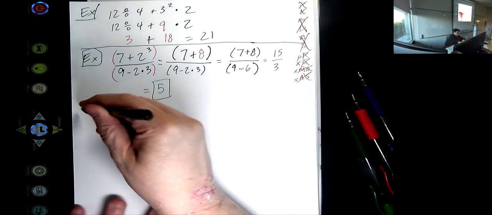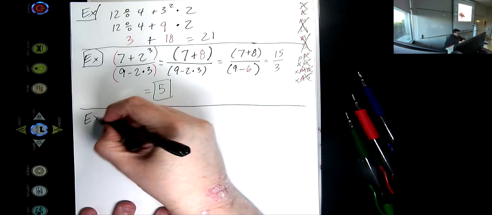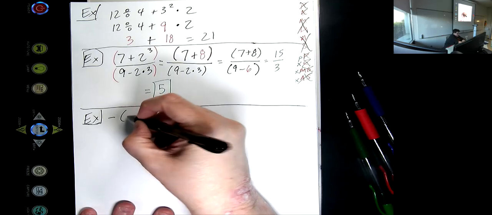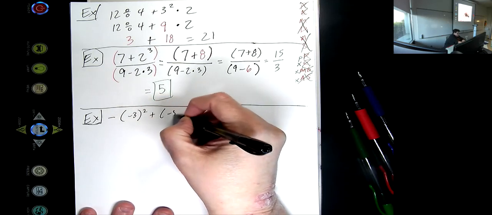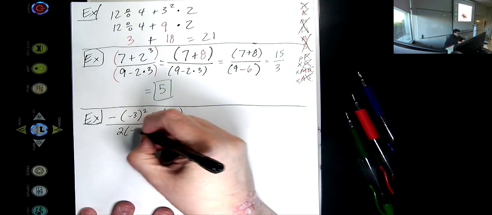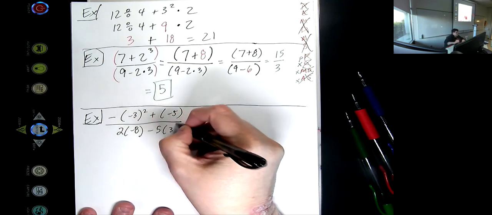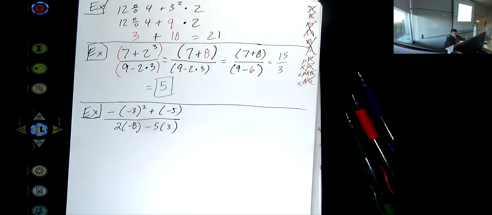One more, just for the fun of it, where we're going to have a lot of negative signs. Because I think it's important to talk about negative signs. Okay, remember we're doing the top separately from the bottom.